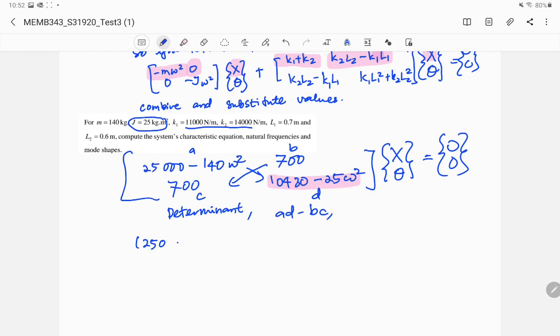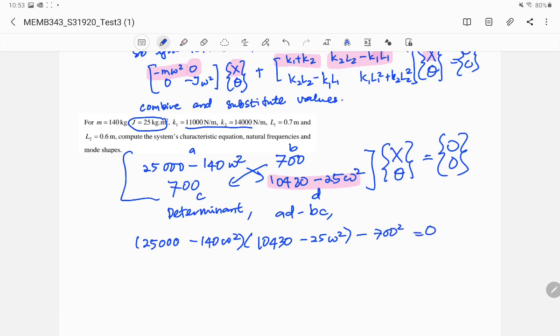So you have 25,000 minus 140 omega square, and then you have 10430 minus 25 omega square, minus 700 square equals 0.